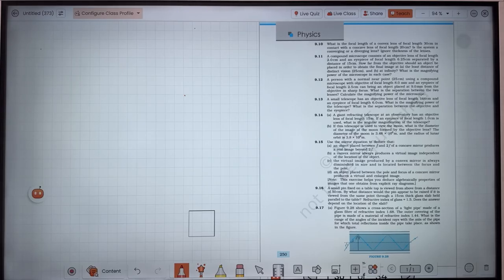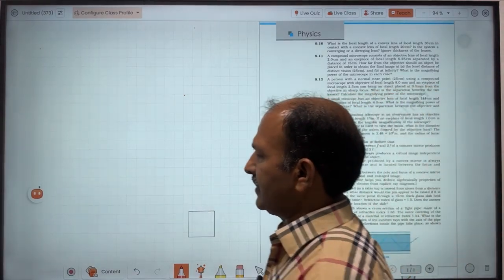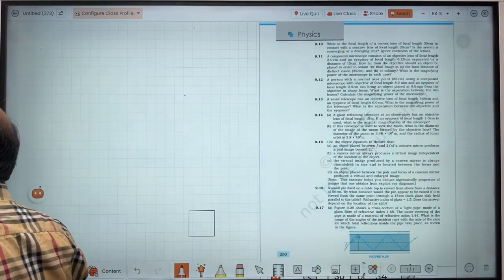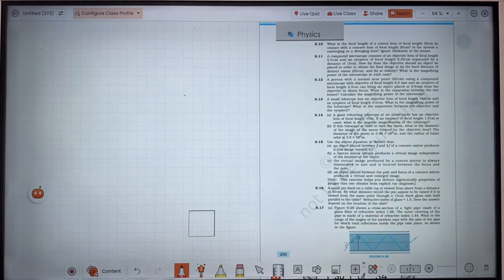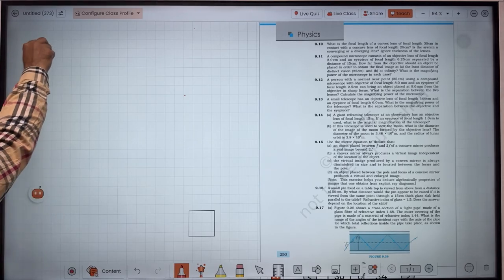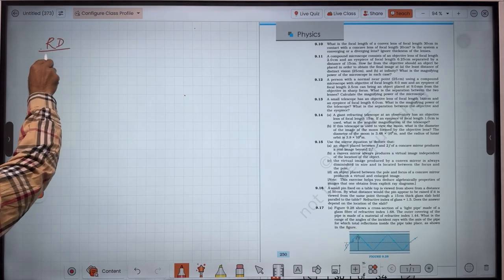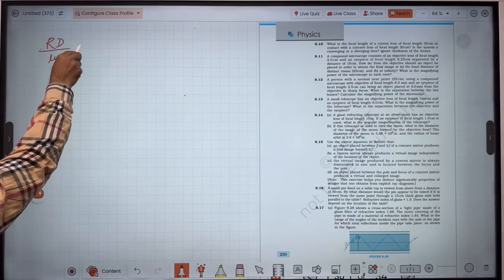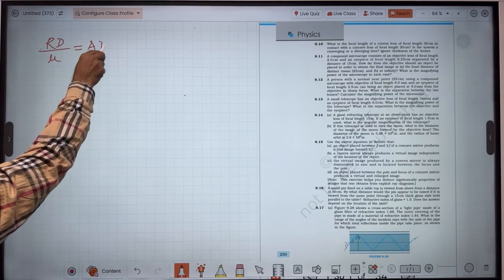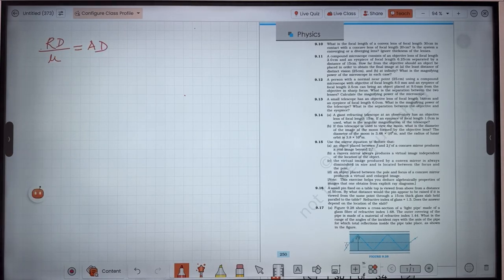Does the answer depend on the location of the slab? The question is simple. Here, relation between apparent depth and real depth is to be considered, and you know very well that real depth divided by refractive index gives apparent depth. So that condition we are going to discuss. So formula is simple.